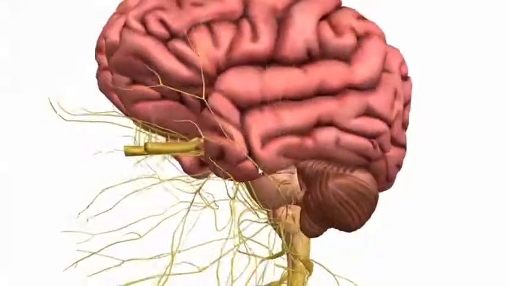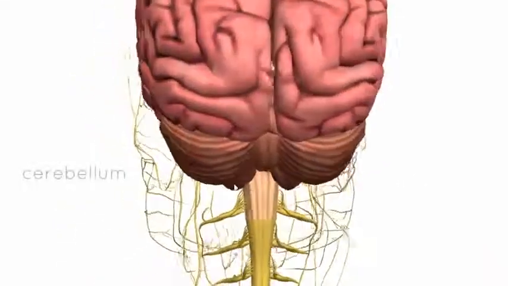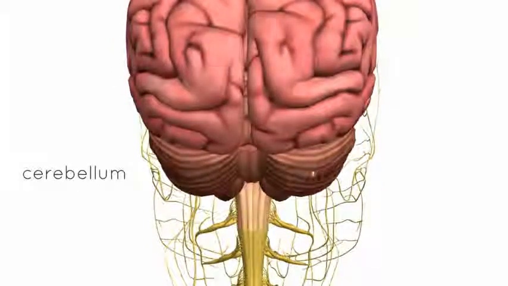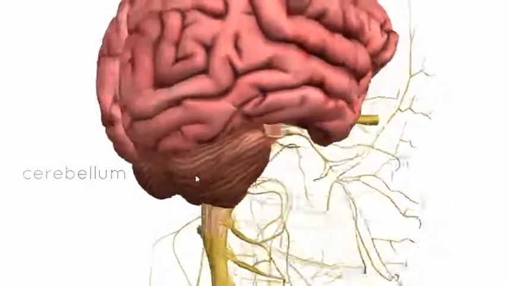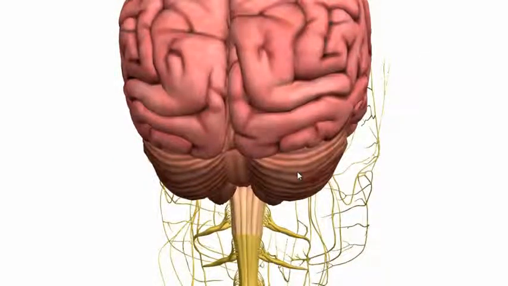So the cerebellum is this part of the brain which sits behind the brainstem. You can see it here sitting directly behind the brainstem, and you can see it has these two lobes. The cerebellum means little brain in Latin, and this has loads of connections with the brainstem, and it's important in motor control and coordination, balance and muscle tone and that sort of thing.